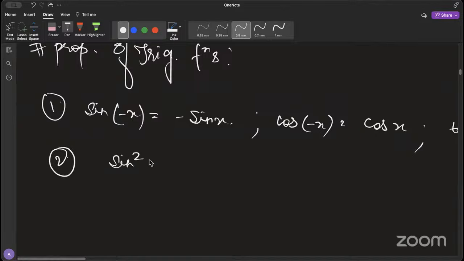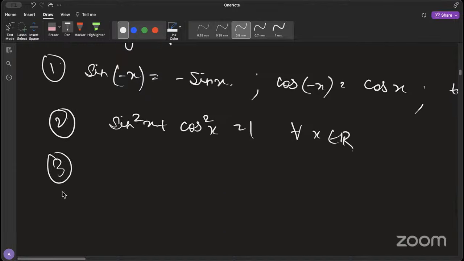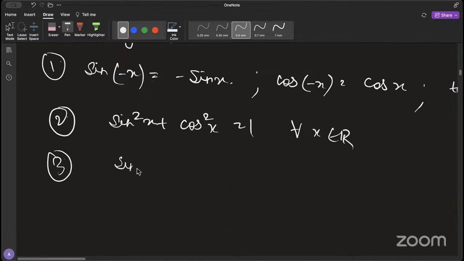Then sine square x plus cos square x is always equal to 1 for all x belonging to real numbers. Then sin x by cos x is tan x. This is also true for all x.